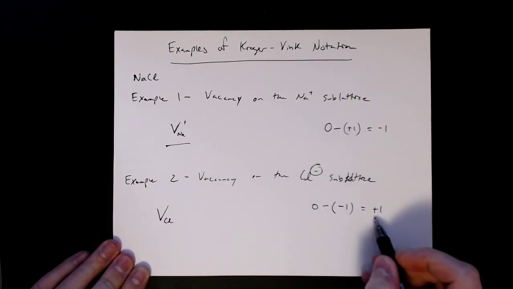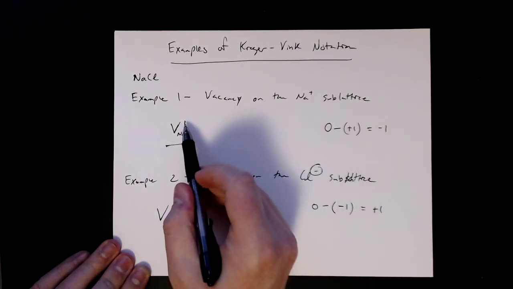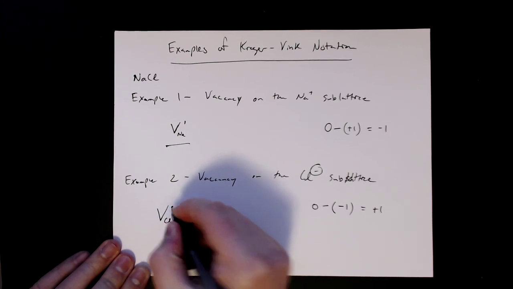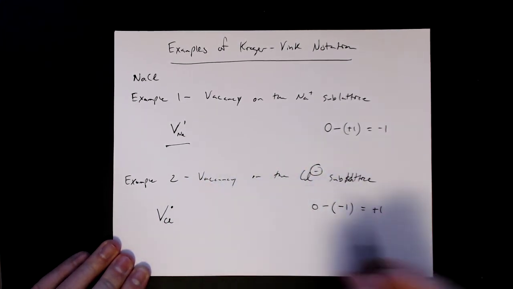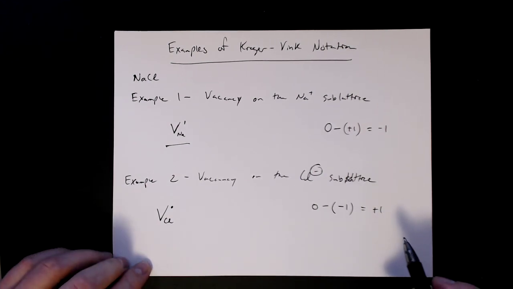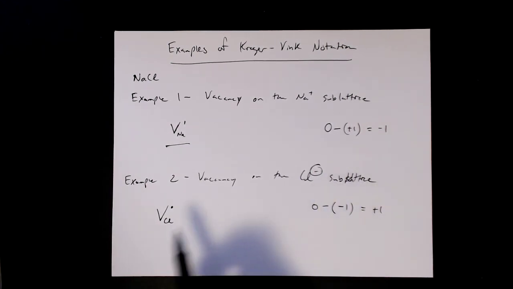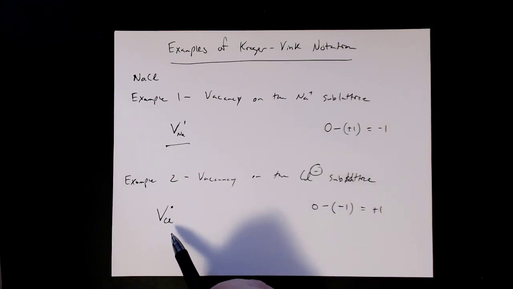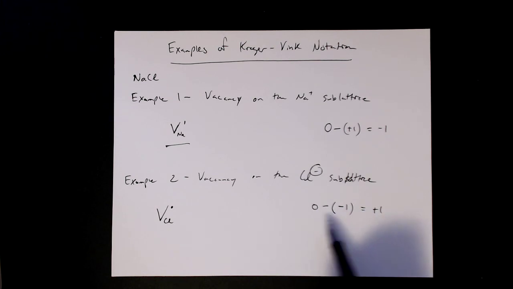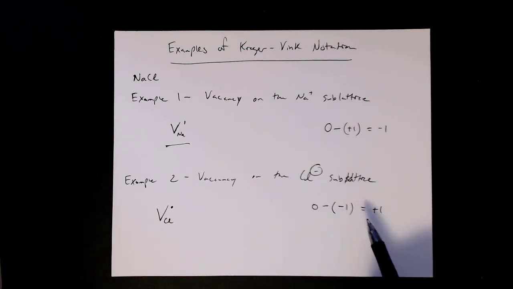So we had a dash for the negative. So we have a dot or a point for positive, and it's only 1 because we have a +1. So again, I just like to do this in each case, go through the charge, put everything in its correct position, and just keep track of everything to make sure that I don't mess anything up.